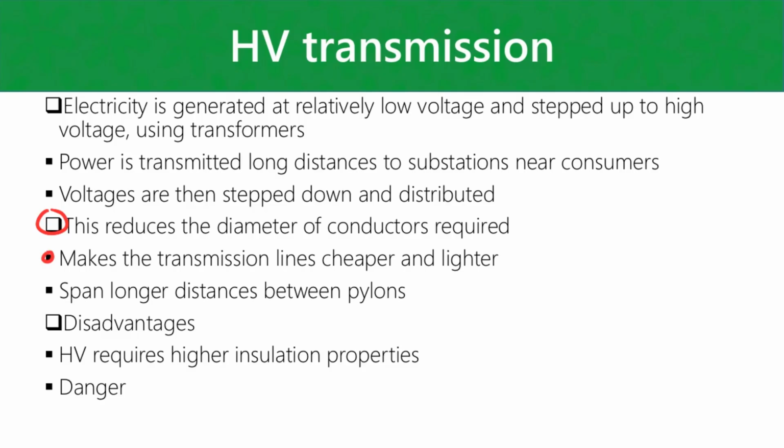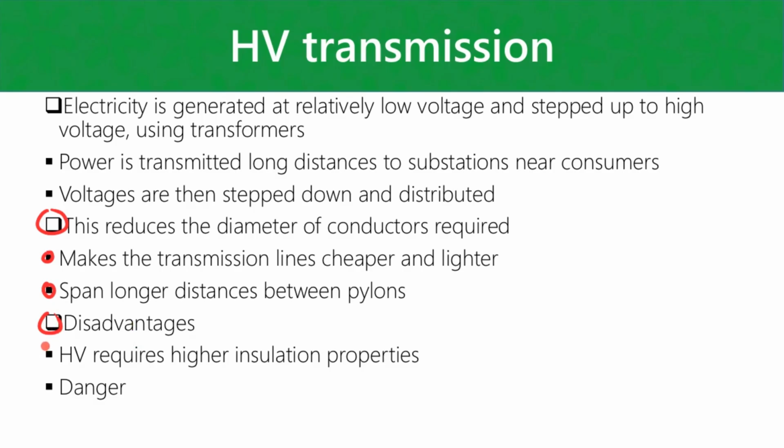And this in turn means, because we're using less and lighter conductor, we can actually build fewer pylons, having them built further apart from each other. So there are quite a few things that add up to the cost of building a transmission line.